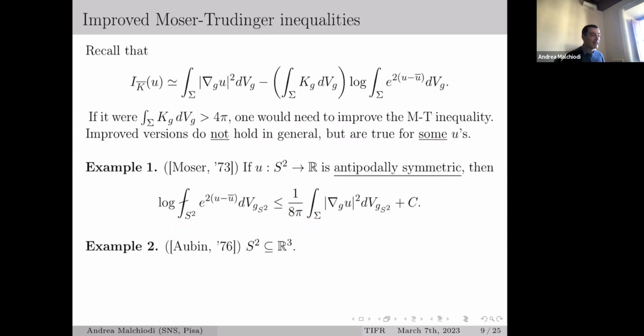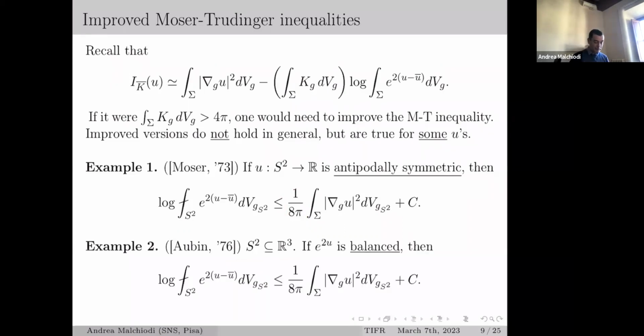There's another example by Aubin, which does not require this antipodal symmetry, which is a very strong requirement. So he proved the following: embed your S2 into R3, and you consider functions that are balanced. Namely, the center of mass on the sphere is at the origin of R3.